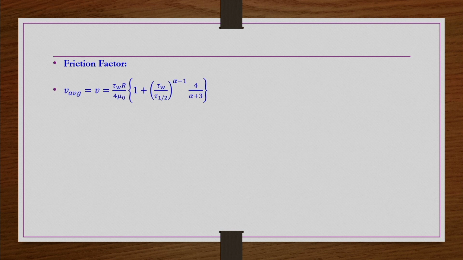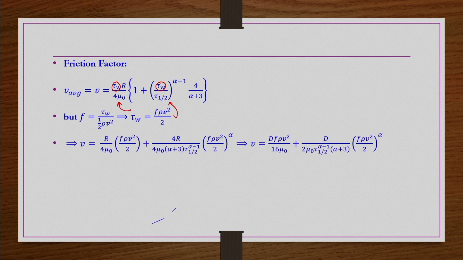So friction factor, we know that F is equal to tau w by half rho v square. So now tau w is equal to F rho v square by 2. Then in place of tau w in the average velocity expression, we are going to write F rho v square by 2 from here.